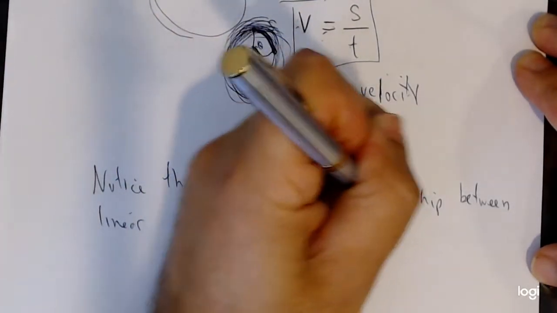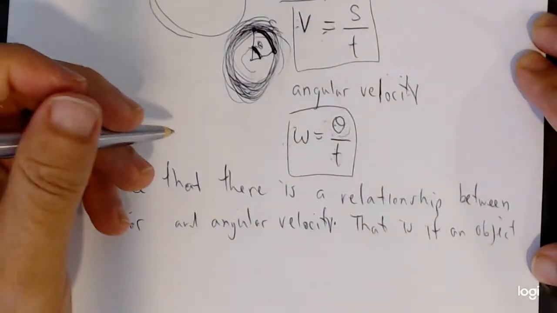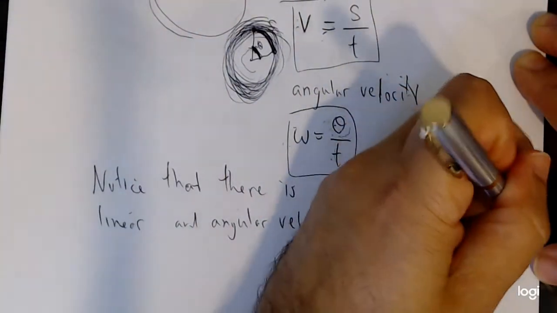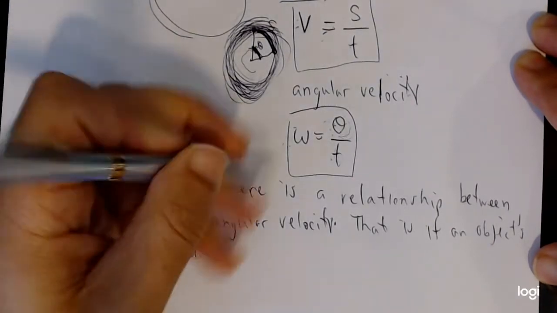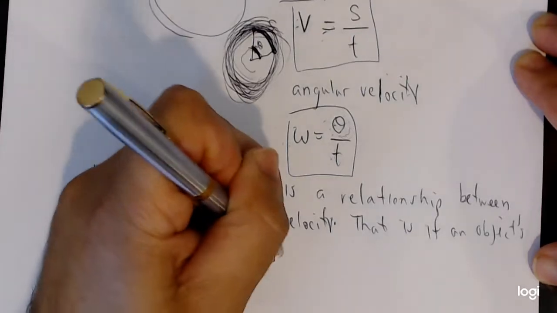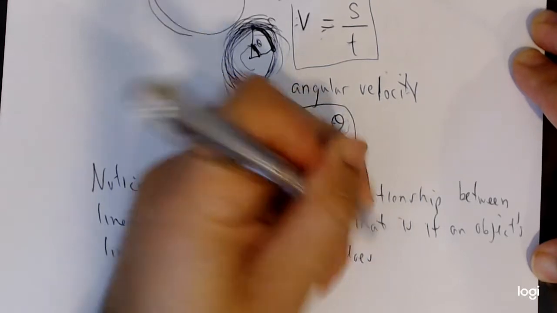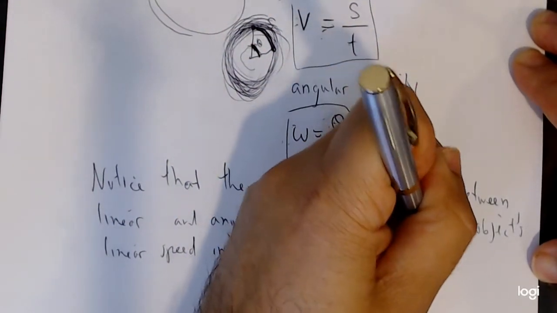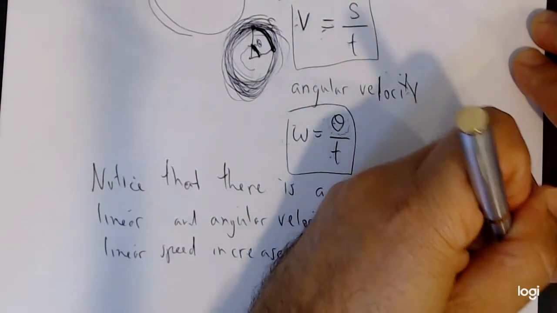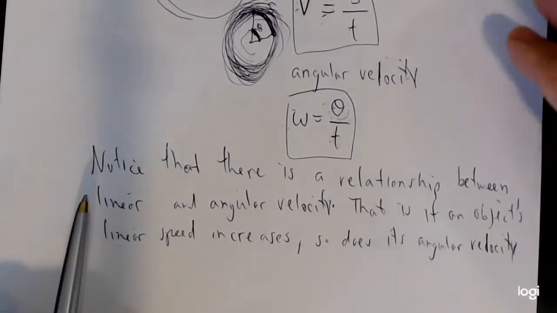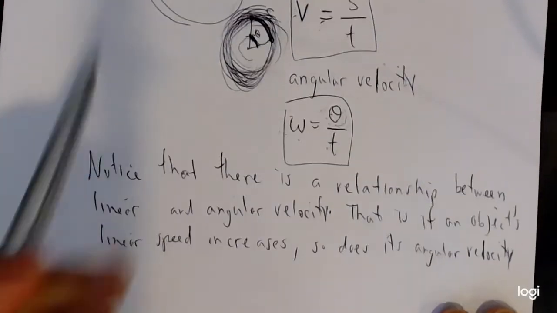That is, if an object's linear speed increases, so does its angular velocity. So if one affects the other, we can make a connection between these two equations, and that's exactly what I'm going to do right now.